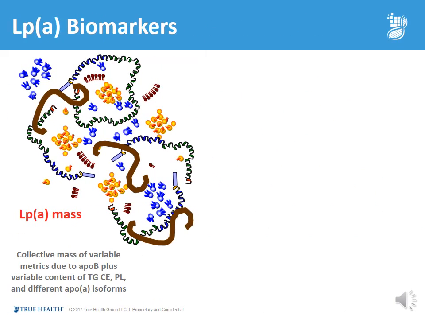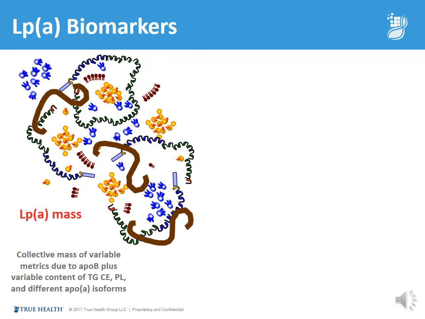Here I want to discuss lipoprotein little a biomarkers. Virtually all of the labs in the country report this metric as lipoprotein little a mass. And what does that mean? Well, a lipoprotein little a particle consists of a collection of esterified cholesterol, free cholesterol, triglycerides, phospholipids, apolipoprotein B, and of course whatever isoform of apoprotein little a a given individual has, and in some people that's at least 2.